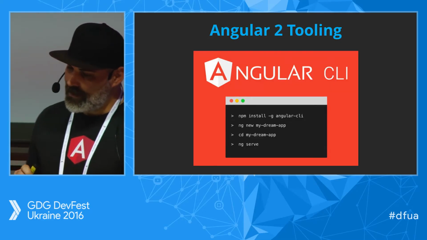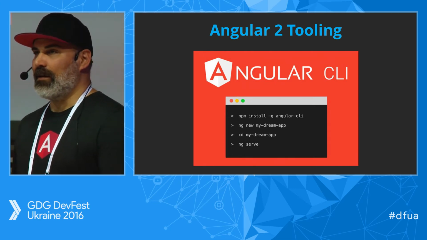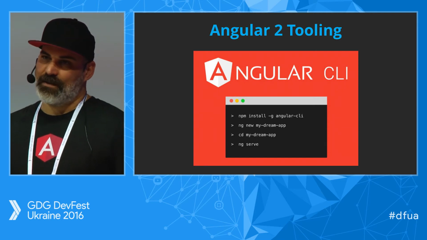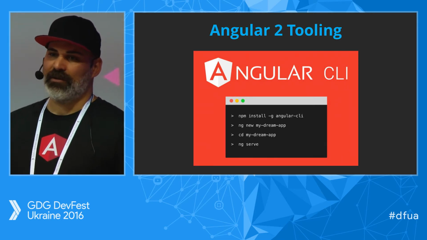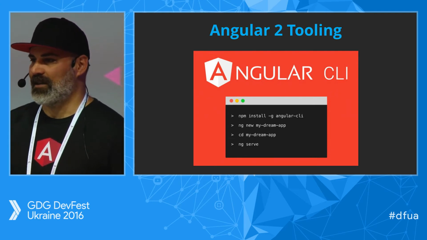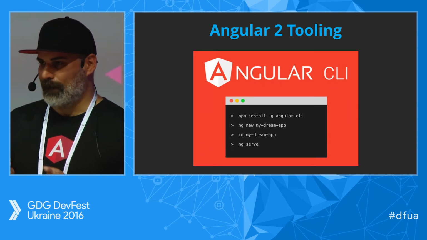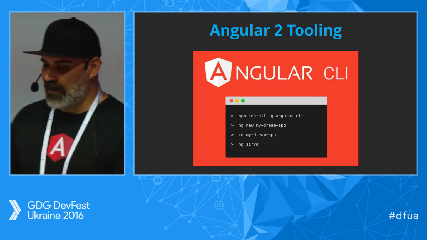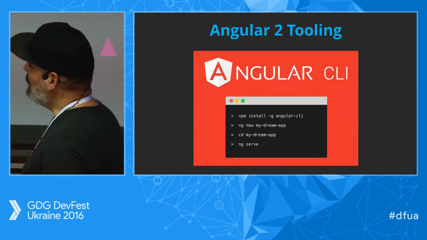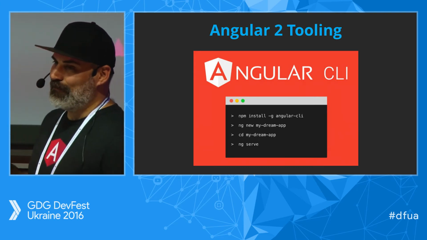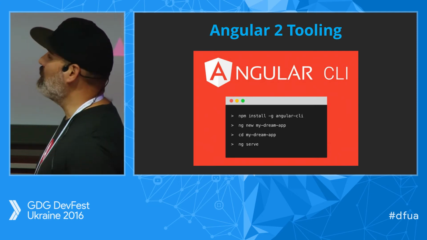There's another tool, this is a new tool, that will create the scaffold for your application and just cover all the common scenarios from the build to the unit testing and just making it really easy. I don't know if you can see it, but it's just in a few commands we can have an Angular 2 setup ready to go.